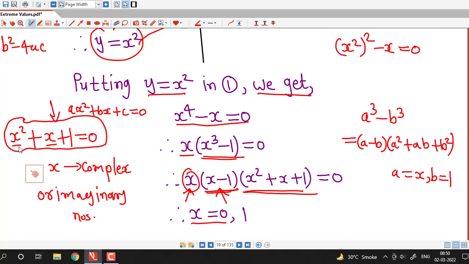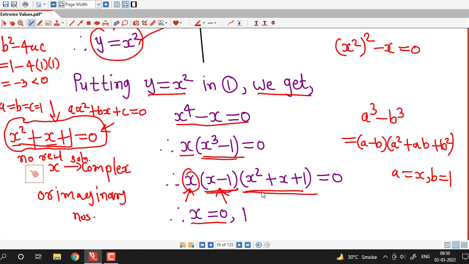So if we compare x square plus x plus 1 with ax square plus bx plus c, we can see a, b and c all are 1. So if we find out b square minus 4ac, we will have 1 minus 4, that is minus 3, which is negative. Therefore there is no real value of x which satisfies this equation.